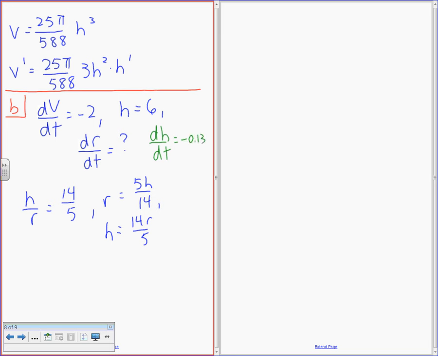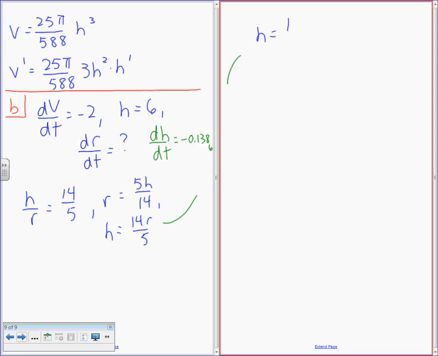So I'm just solving, and I can cheat and go h equals 14 over 5 r. Can I get somebody, Nate, to take note of that, please.